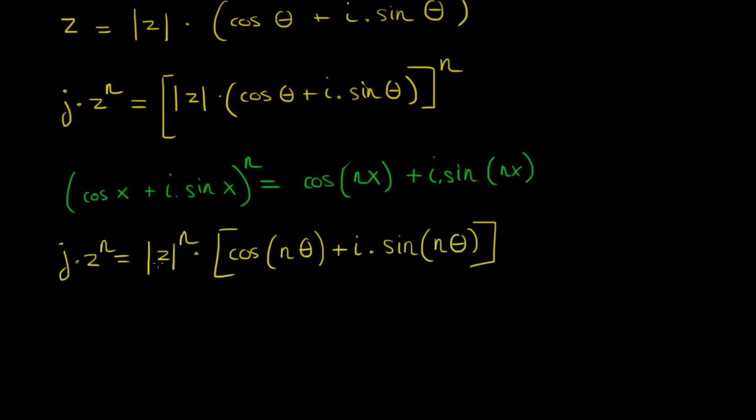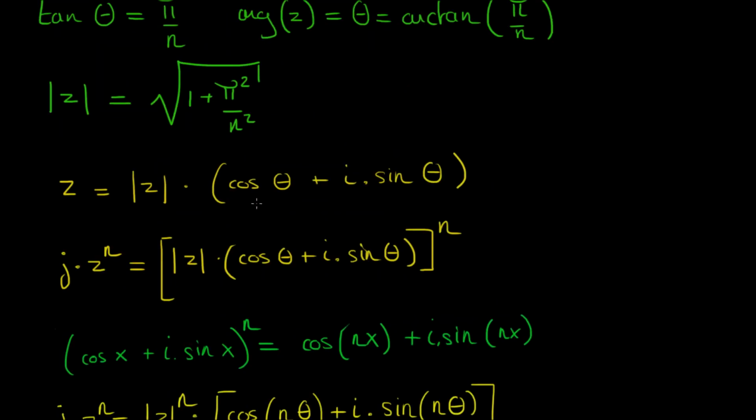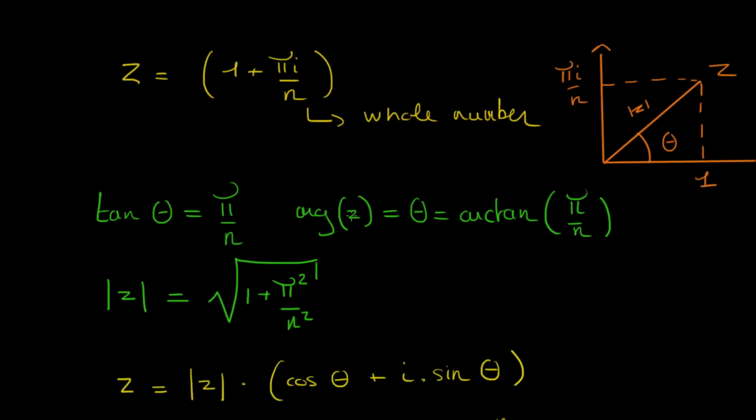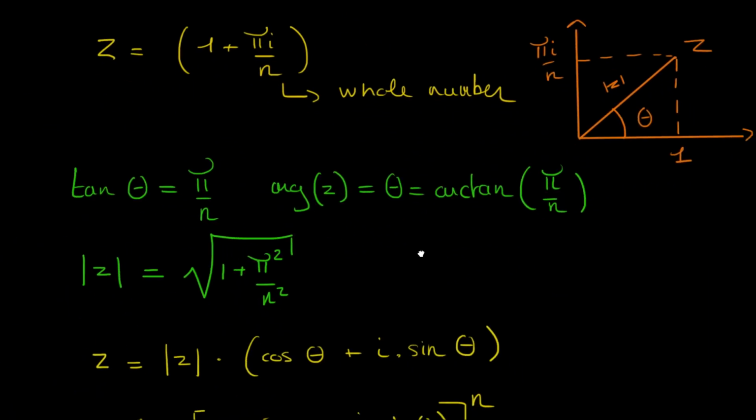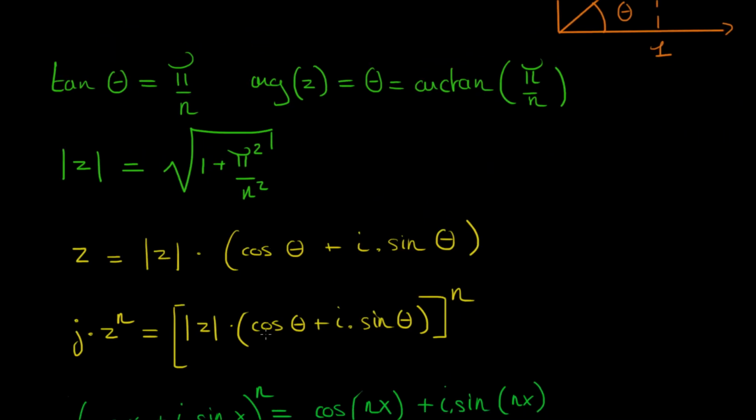Now we can replace the modulus of z and theta using what we found a minute ago. So we found that theta is equal to the arctan of pi over n, and that the modulus of z is equal to the square root of 1 plus pi squared over n squared.